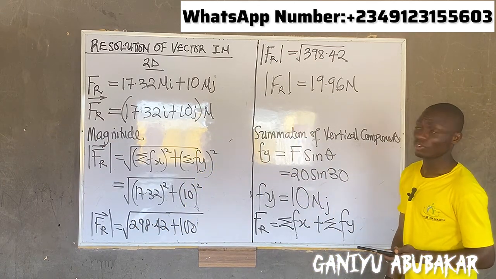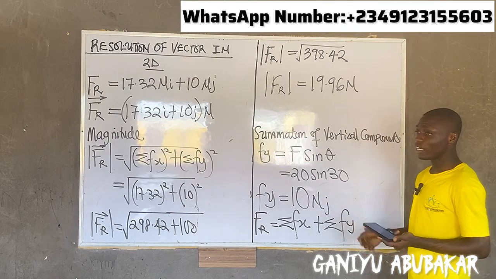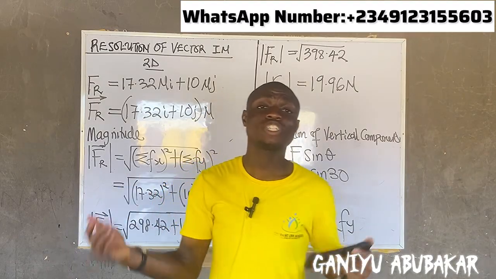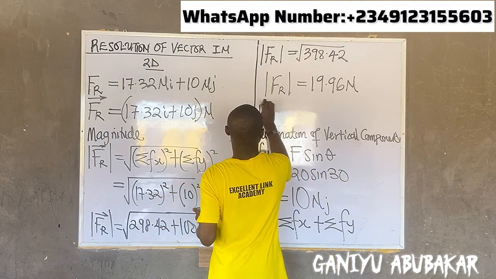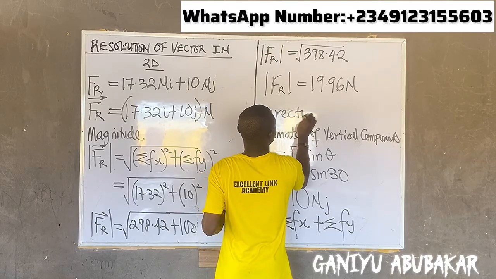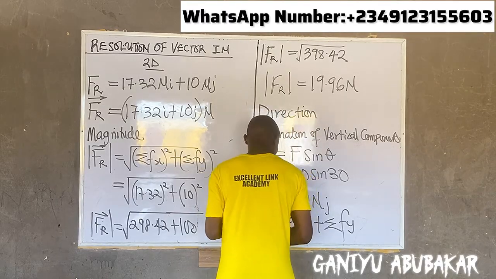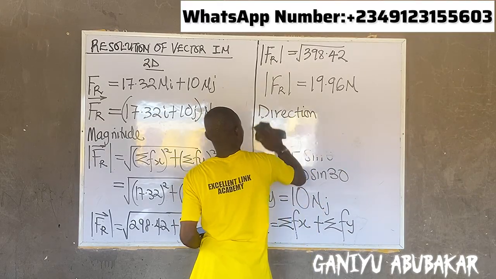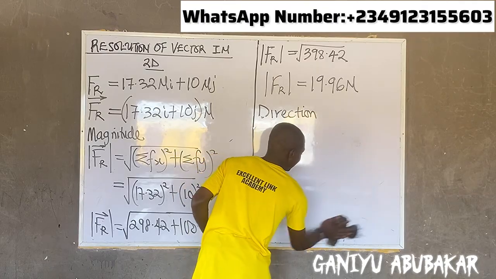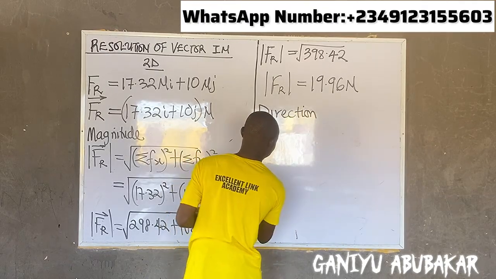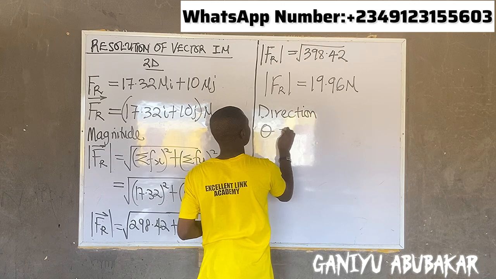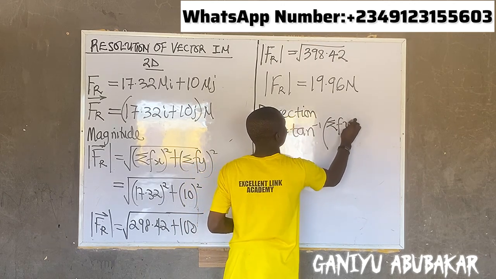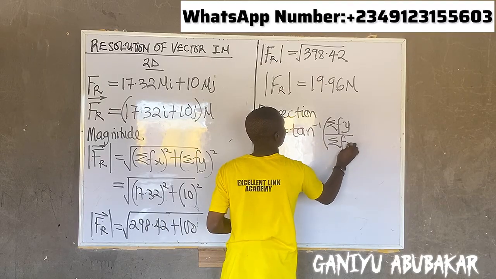Let's say that you are asked to find the direction too. If you are asked to find the direction, what do you do? For direction, that's the angle theta. Theta is equal to tan inverse of summation F of y over summation F of x.